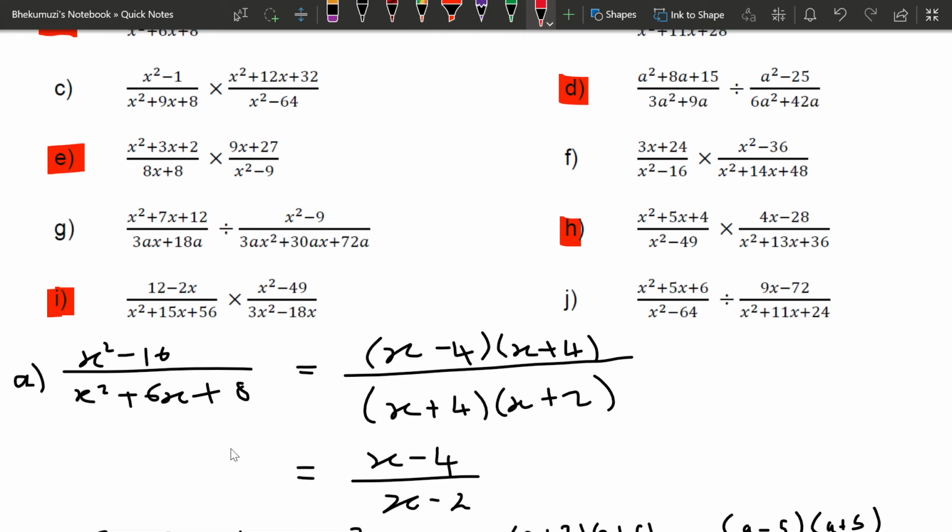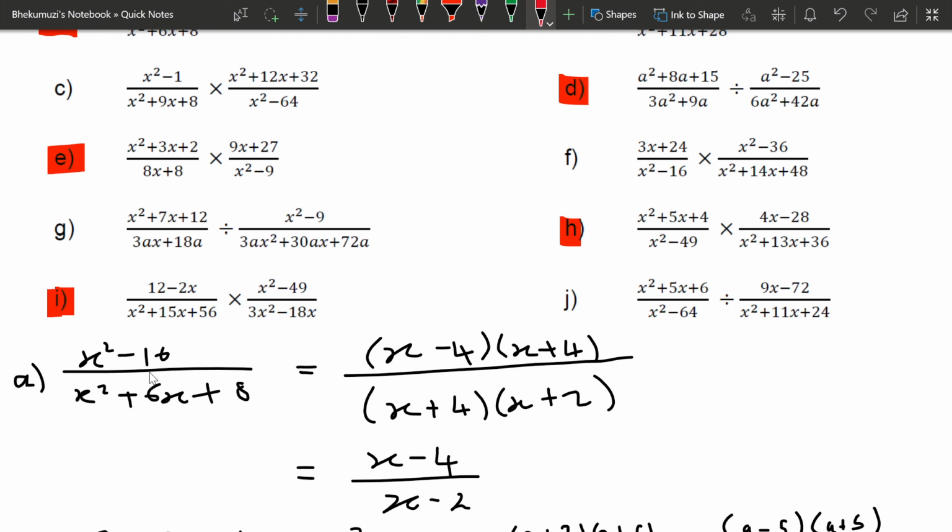Now the numerator, which is x squared minus 16, is a difference of two squares. So you have x minus 4 and x plus 4, and then at the bottom you have x plus 4 and x plus 2, because x squared plus 6x plus 8 is actually a quadratic. It's a quadratic function, so you look for two numbers that you can multiply together to give you 8, but also when you add together should give you 6, right?